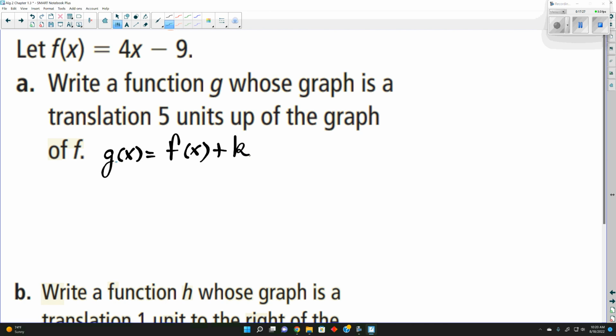Because g of x and h of x are just giving us a way to distinguish the new function from the old one. We could use d of x, h of x, z of x, q of x, any letter we want. It's just distinguishing that this is the new one and the other one's the old one. Good question.